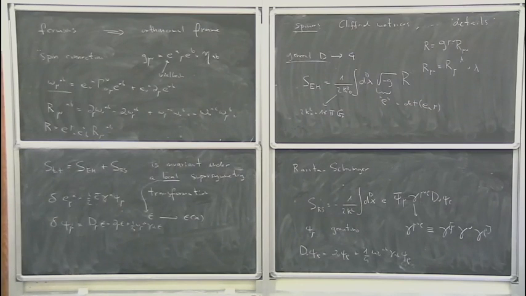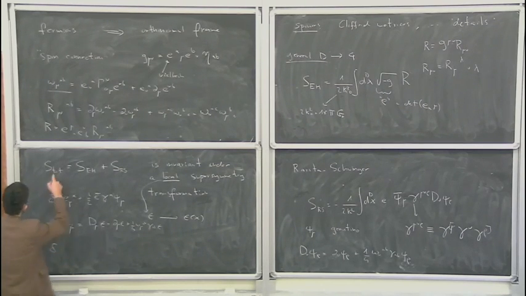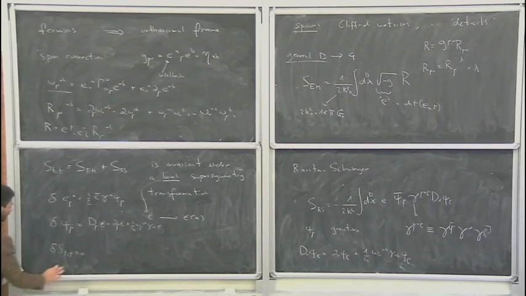Okay. So the claim, and I will try to sketch the proof of this claim because I think it's quite instructive, is that delta of S total is equal to 0.